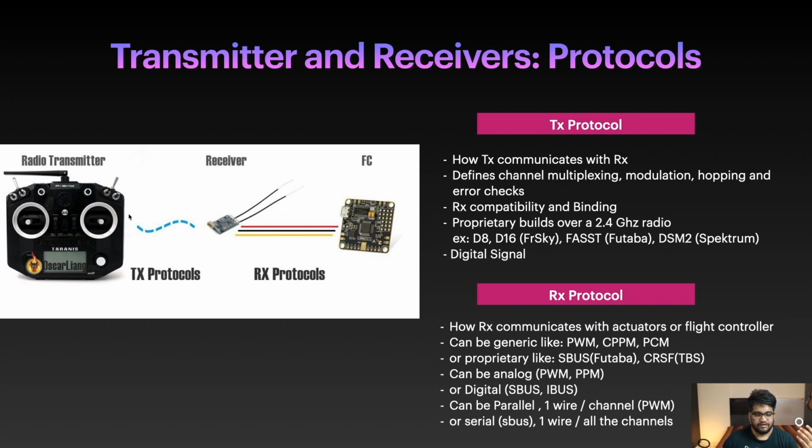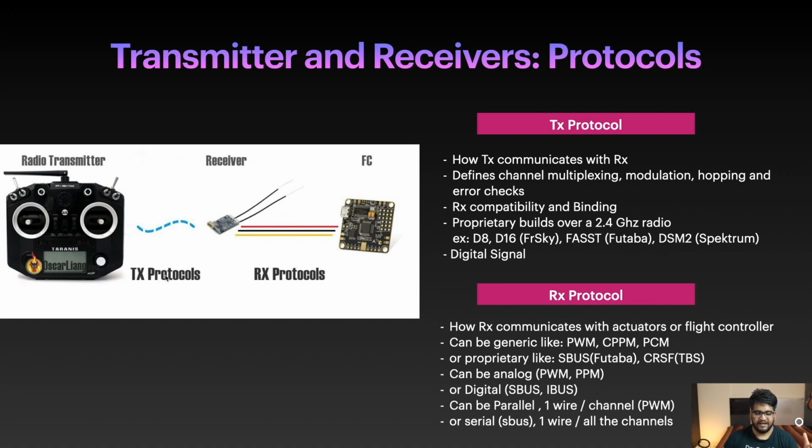Your receiver and your transmitter both should understand the same protocol. That is why compatibility comes into the picture. You cannot use any receiver with any transmitter. They both need to understand each other's language, each other's protocols. That is why TX protocols are important. And again, these are proprietary protocols. The manufacturer designed them as they want.